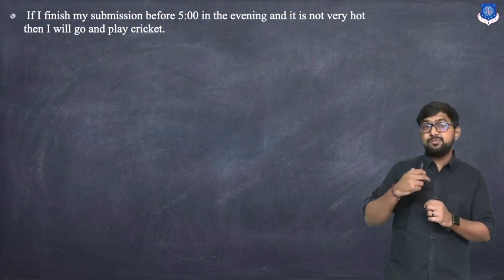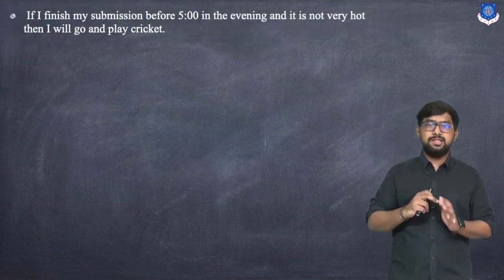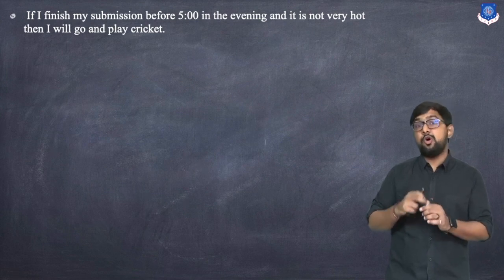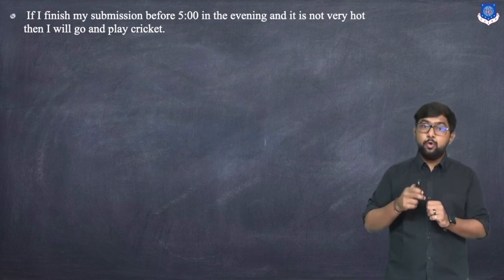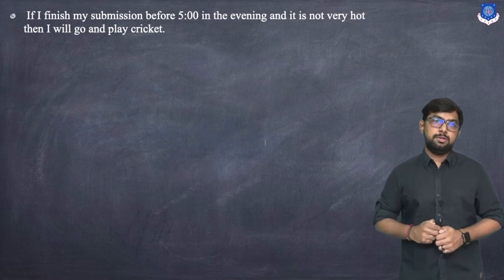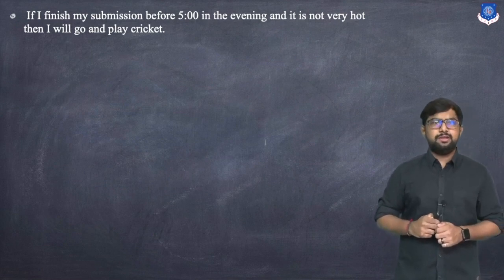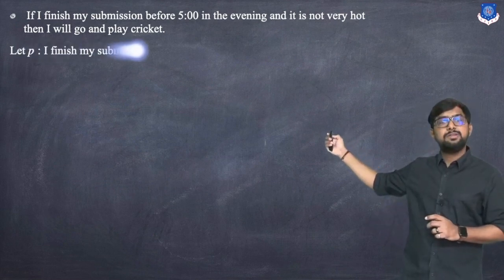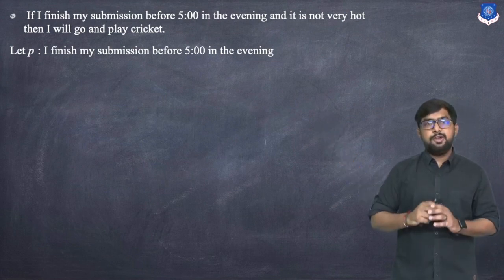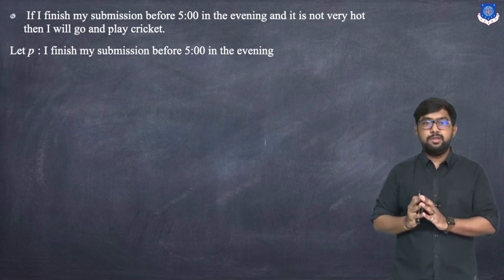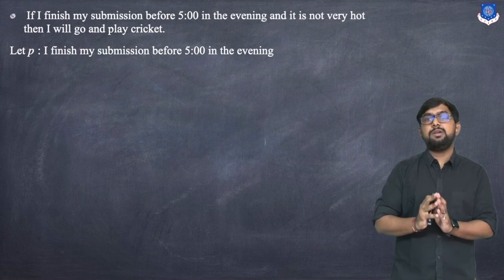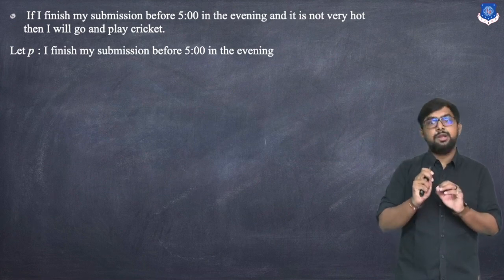Now, if I finish my submission before 5 in the evening and it is not very hot, then I will go and play cricket. How many parts will there be? First, I finish my submission before 5 in the evening, that is the first statement, and that is a proposition. It is not very hot.